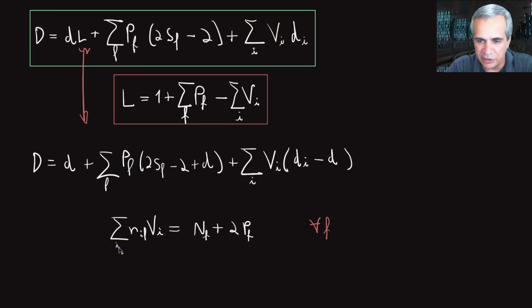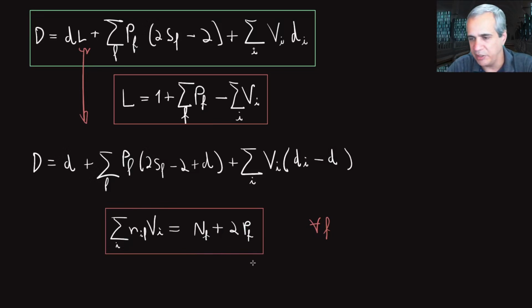And for each interaction, I'm counting the number of vertices, and that needs to be equal to the total number of external lines plus twice the number of propagators because of this proportion. So that's the relation I want. Again, it's pretty generic to any kind of interaction, and I'll have one equation like that for each kind of field in my Lagrangian.